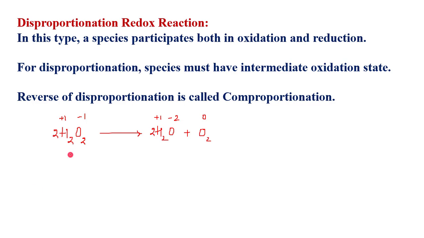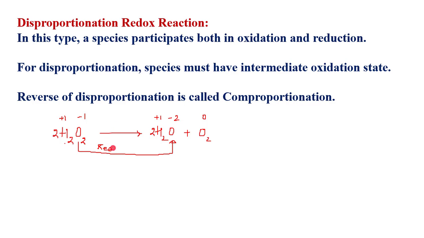So hydrogen goes from +1 to +1, no change. We can see two different oxygens on the right side: one has charge -2, whereas the other has charge 0.